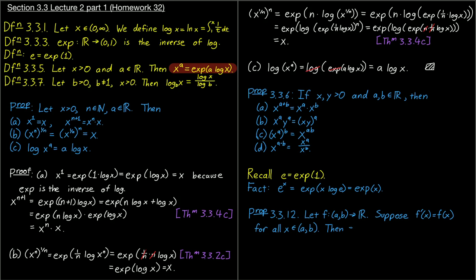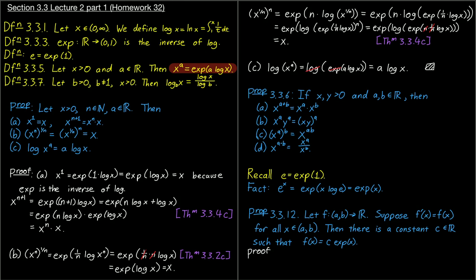Then there is a constant c, a real number, such that f of x is c times exp of x. We saw in the last video that the derivative of exp of x is itself. What this proposition is saying is that exp is the only function with this property.